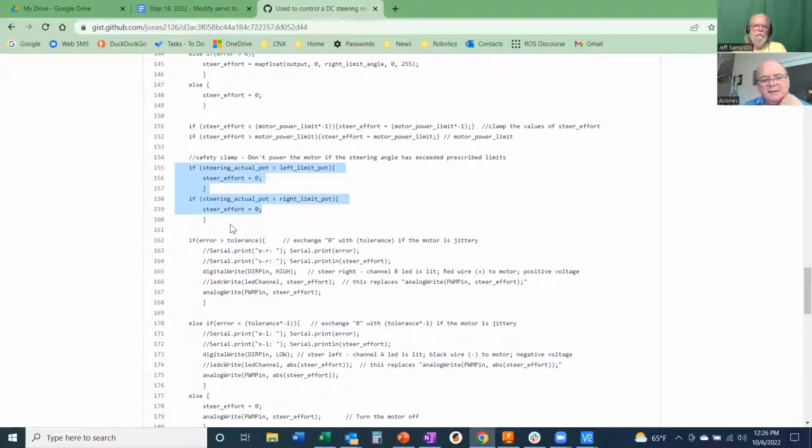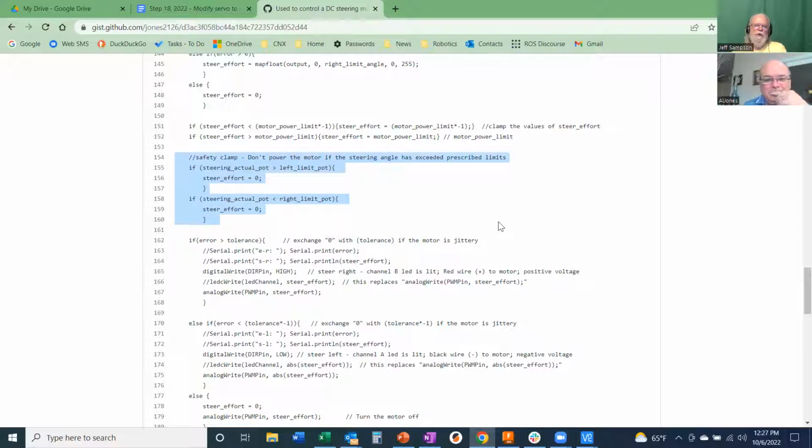I did that, although I have popped the circuit breaker or circuit fuse once. Yeah, that was unrelated to the potentiometer getting outside of the angle. But anyway, that safety clamp is in there.